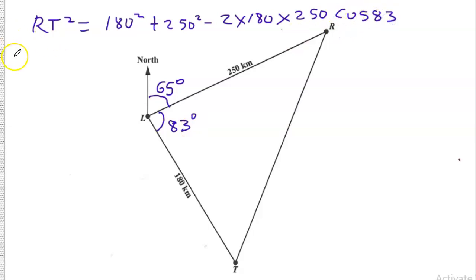You don't need to write this piece in your calculator. In one go, your calculator should be able to perform this calculation. Let's do the calculation.